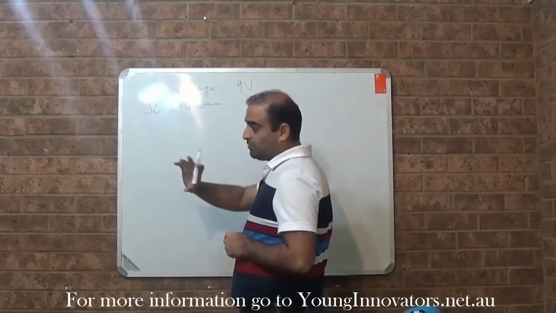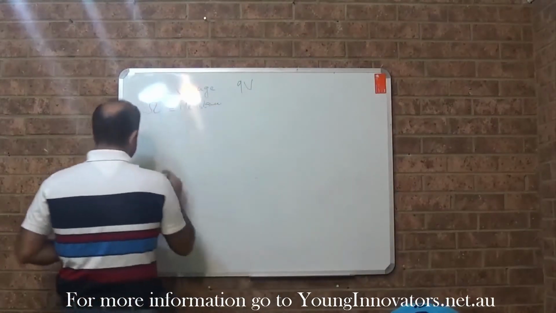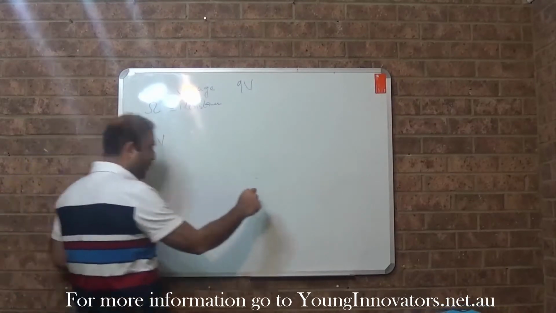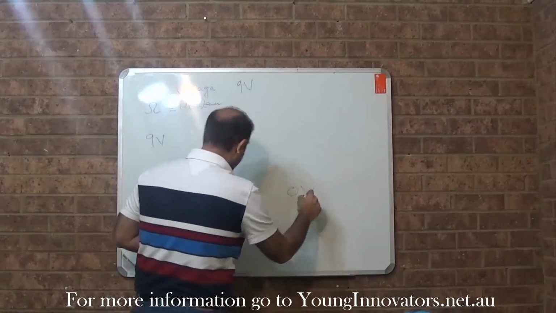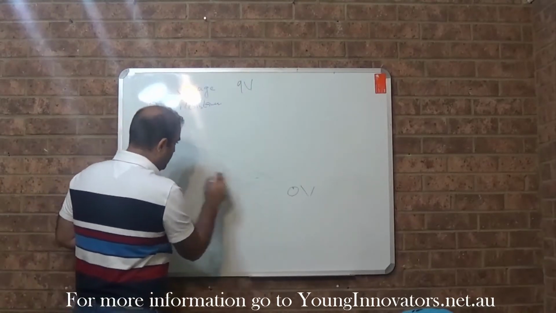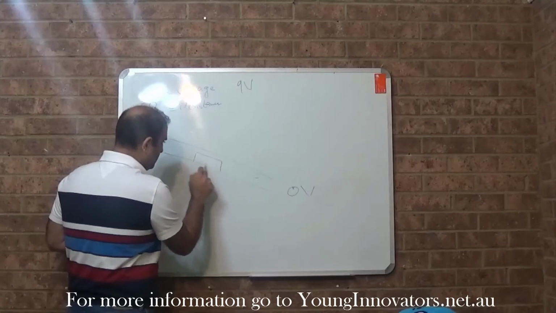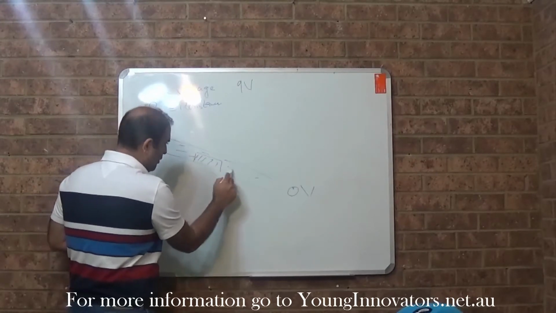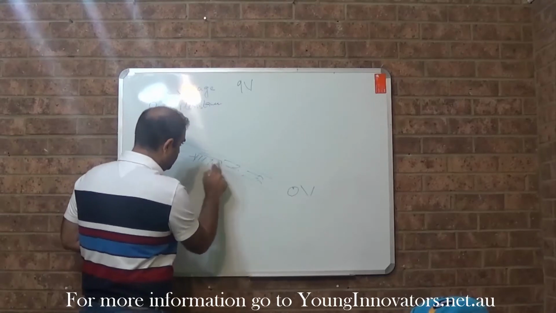So now the last concept: we talked about 9 volts going to 0 volts, and then putting a brick decreases the flow of the water, right?